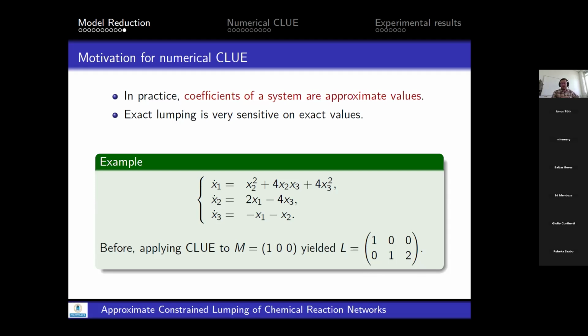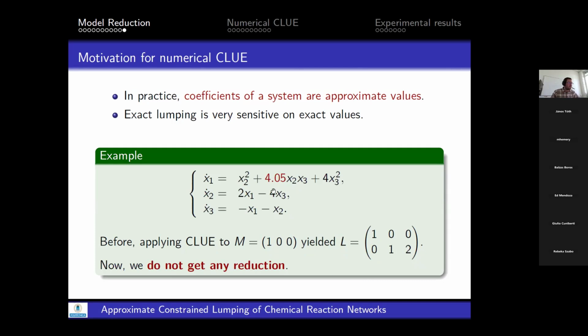So let's assume, for any reason, you are building a differential system for your model, and it turns out that you cannot measure exactly one of the coefficients, but you make a small mistake in one of them. Let's say that instead of a 4, our measurements are not so precise that we can say it's exactly 4, but it's 4.05.